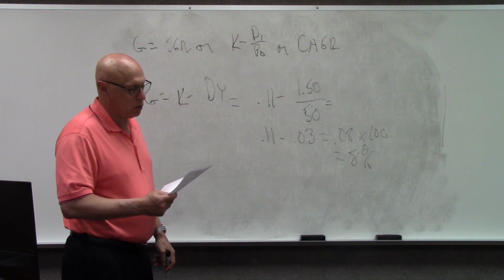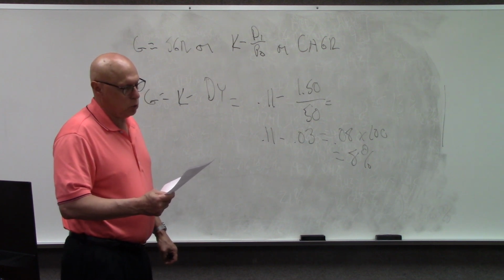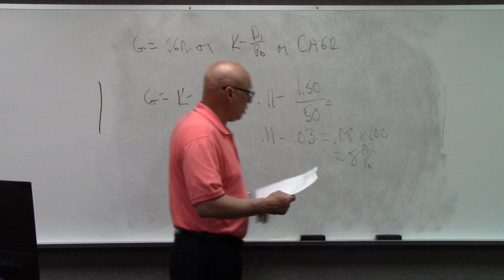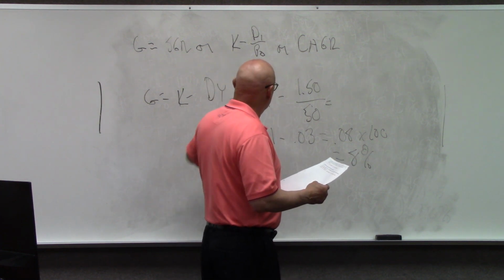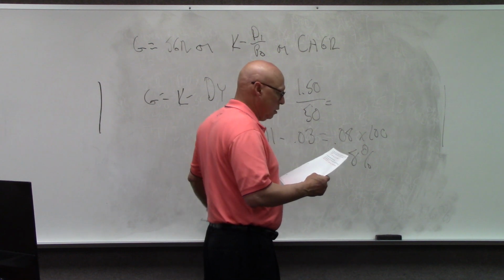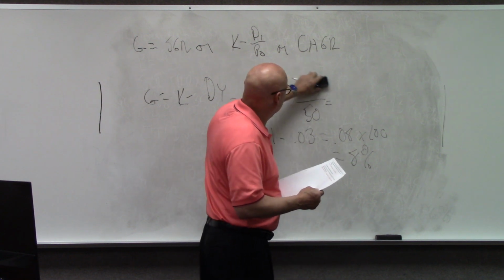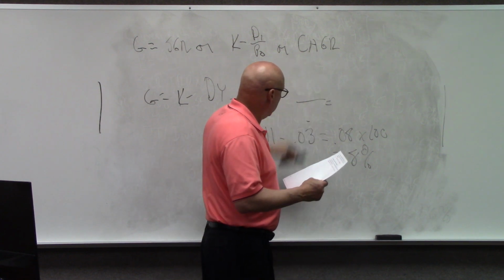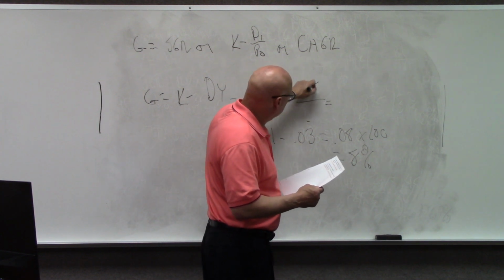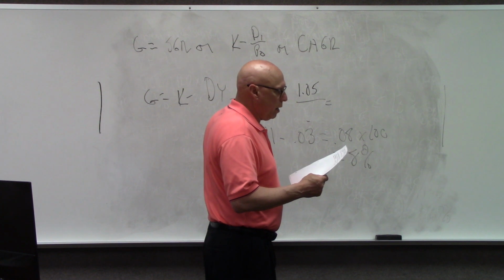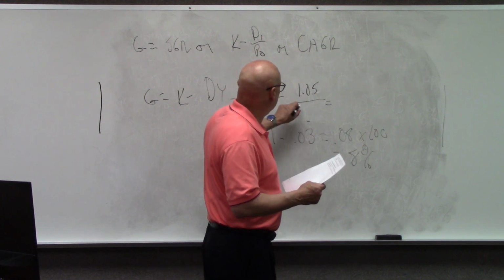Question number 6. The company's stock is trading at $35. They'll pay a dividend of $1.05. Required rate of return is 12%. What is the growth rate? It's the same kind of problem. 0.12 is the required rate of return, $1.05 is D1, and the market price is 35.